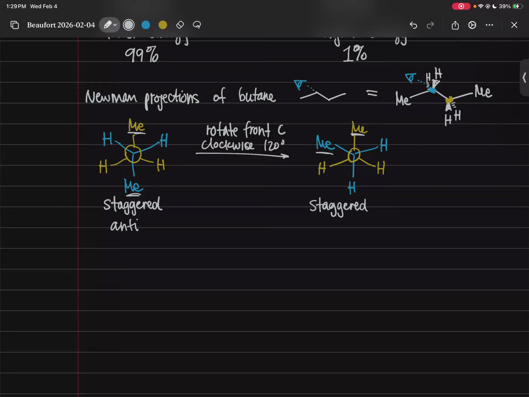And then in the structure on the right, where the two methyl groups are closer to each other in rotational space, that's called gauche. Okay, so here we're just talking about the methyl groups.